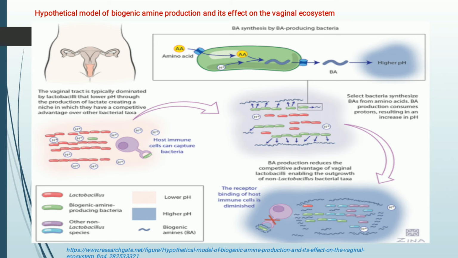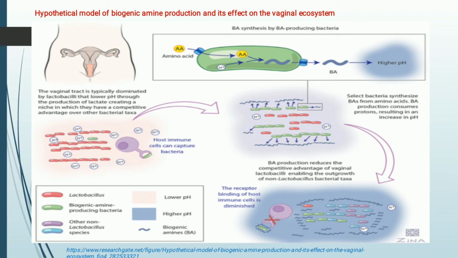So different kinds of disease can happen due to these biogenic amine producing bacteria, because now the receptor area of the immune cell becomes deactivated, and the immune cell is totally deactivated due to the higher concentration of this alkaline condition, and it leads to the inactivation of the cell.